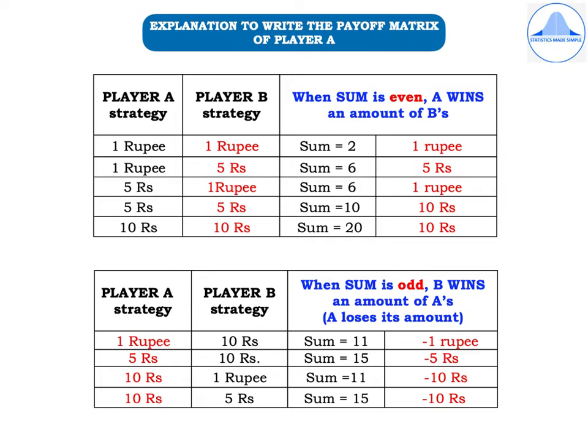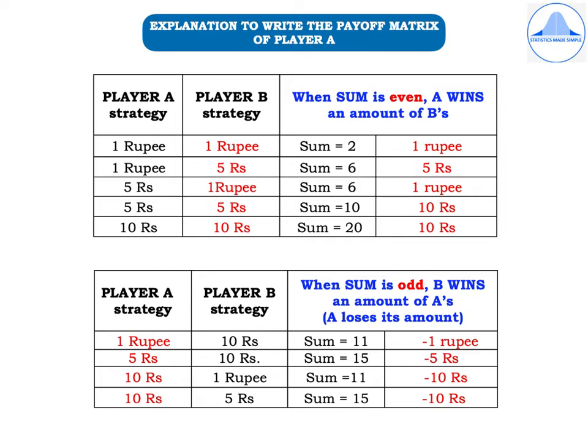So when the sum is odd, B wins an amount of A's, or in other words, it means that A loses its amount. So corresponding to the first row, when I add 1 and 10, the sum is 11. When I add 5 plus 10, the sum is 15. When I add 10 and 1, the sum is 11. And 10 and 5, the sum is 15. So 11, 15 are odd values.